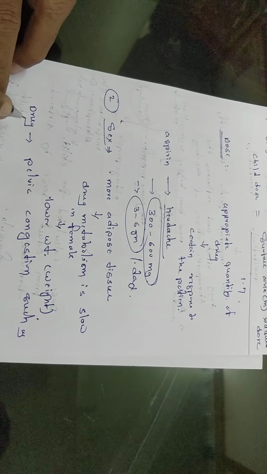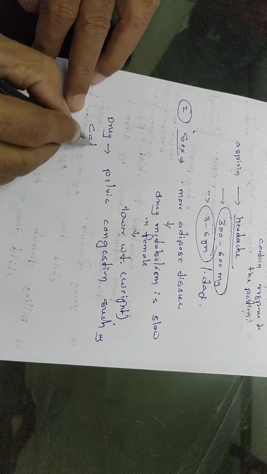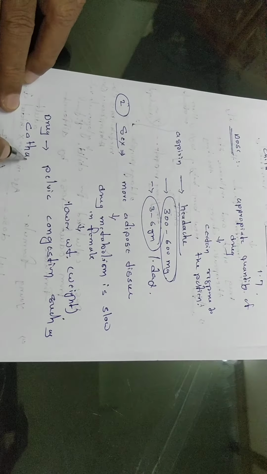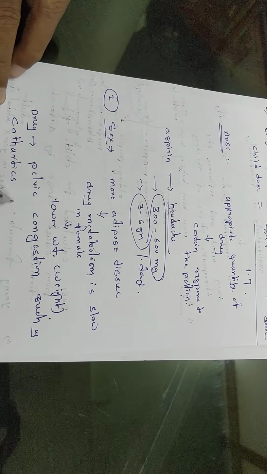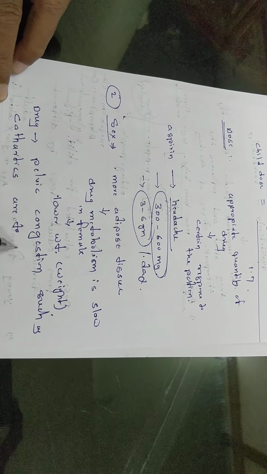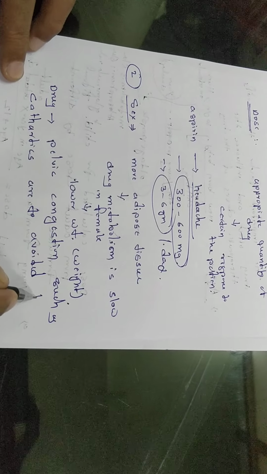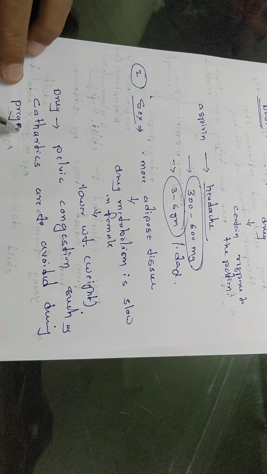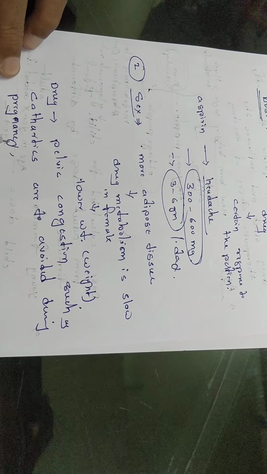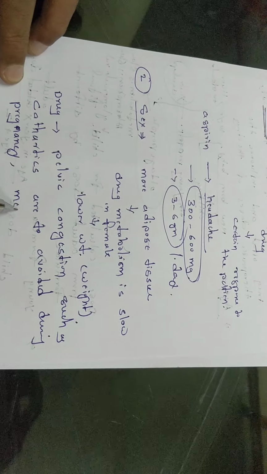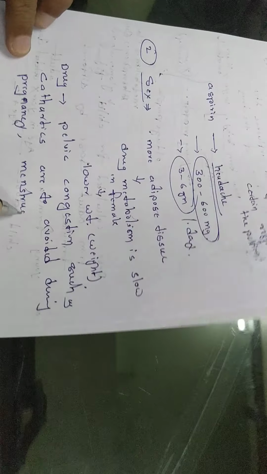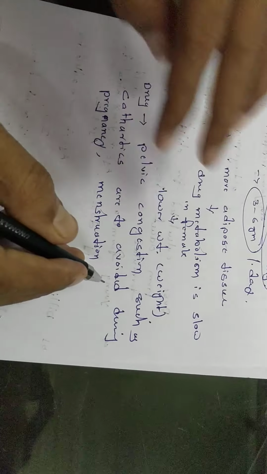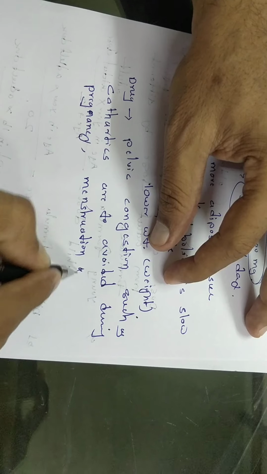Drugs such as cathartics are to be avoided during pregnancy, menstruation, the period of the female, and lactation.